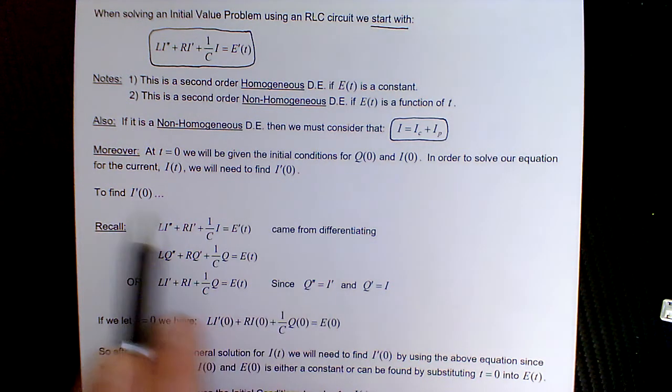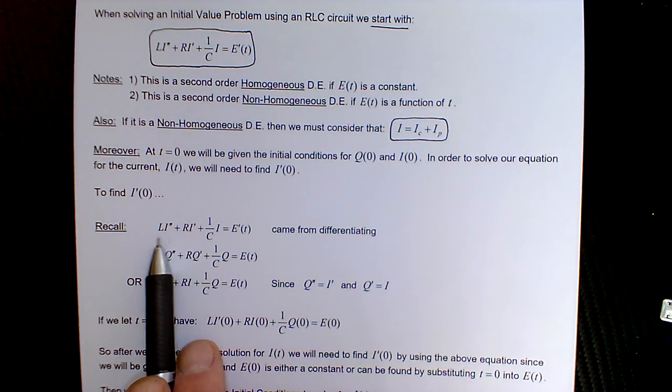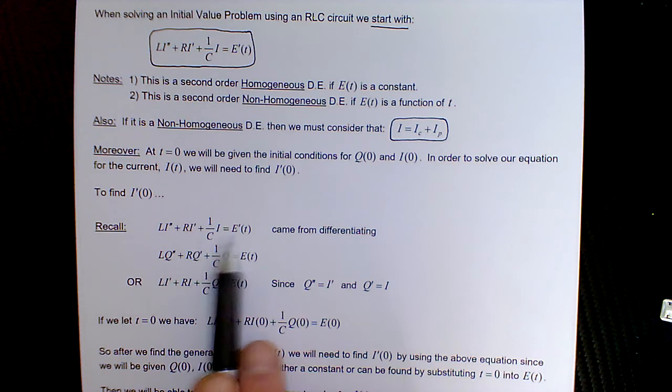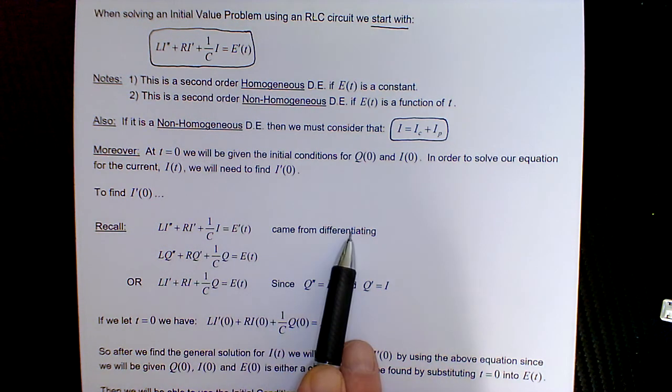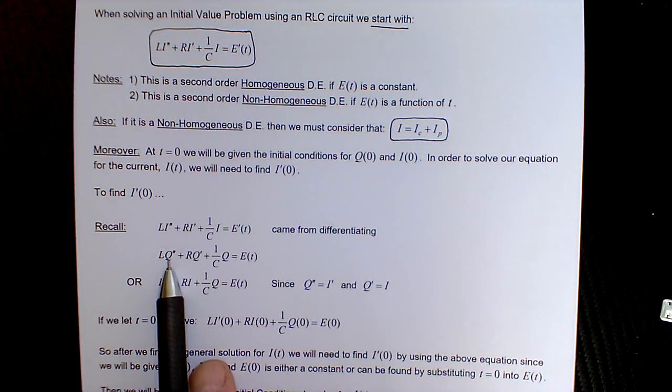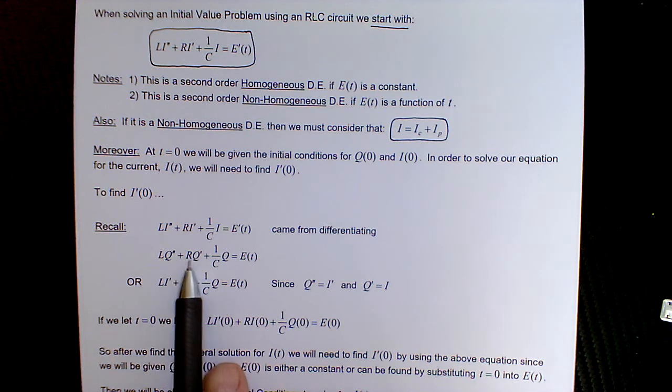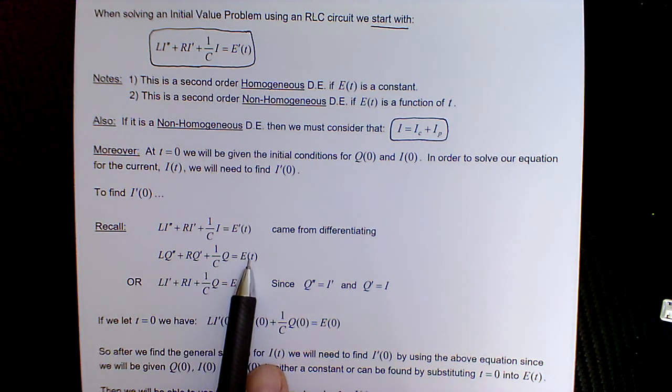And so to find I prime of 0, consider our main equation again, but recall that it came from taking the derivative of L Q double prime plus R Q prime plus 1 over C times Q equaling E of t.